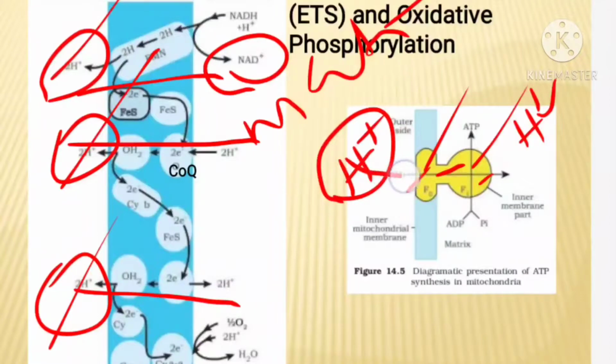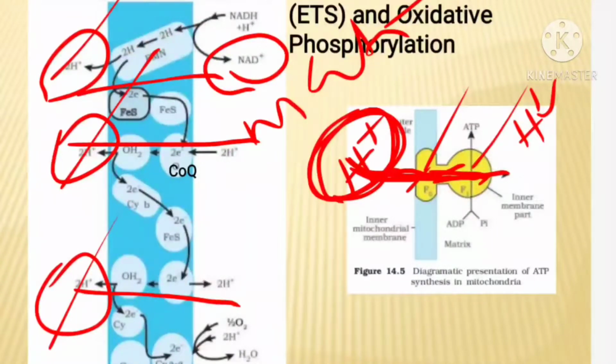The hydrogen ions, having high energy, bind with the F0 particle, because with the energy pump only they have moved there. They pass through the F0 particle and reach the F1 particle.